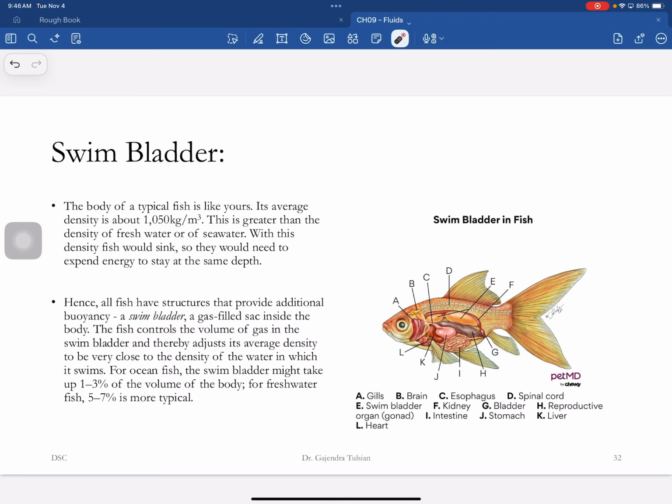For ocean fish, the swim bladder takes up 1 to 3% of the volume of their body. For freshwater fish, it's more like 5 to 7%. So why is the freshwater fish swim bladder greater?